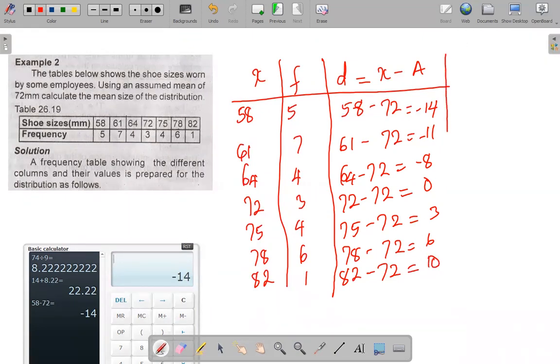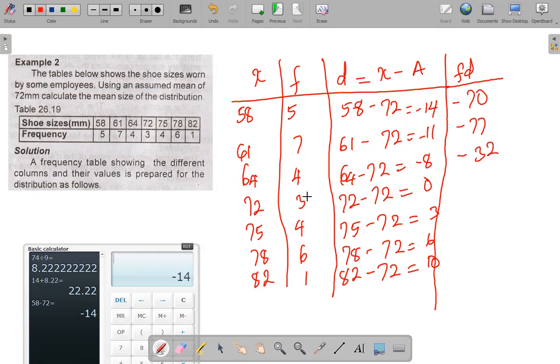Then we need to have another column here, which is FD. That is the frequency multiplied by the deviation from the mean. 5 times minus 14 is minus 70. 7 times minus 11 is minus 77. 4 times minus 8 is minus 32.